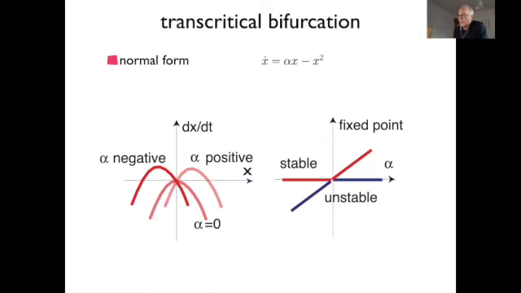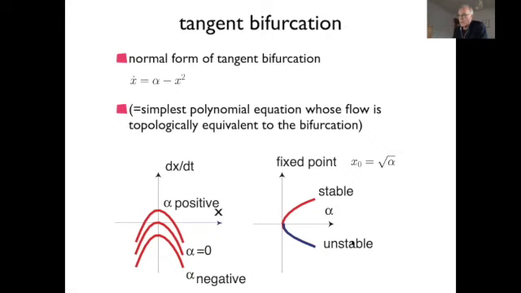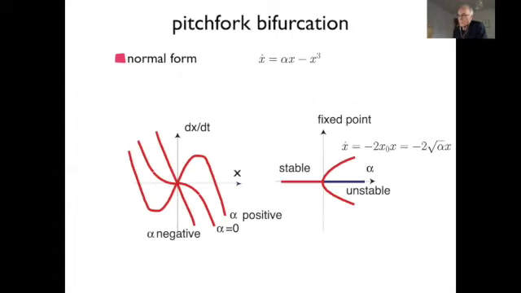While the tangent bifurcation doesn't really make any requirement about symmetry. I mean, this equation is symmetrical, but it doesn't depend on that. You can have other terms that break the symmetry, and you would still get the same phenomenology. So that's one that will occasionally show up in our work.